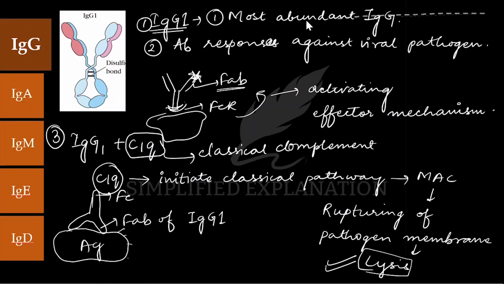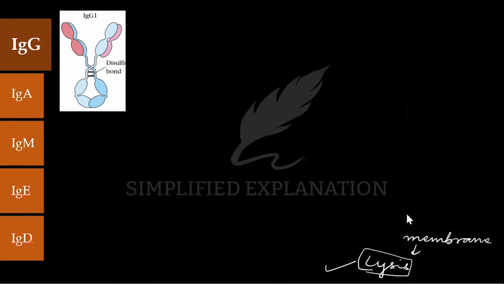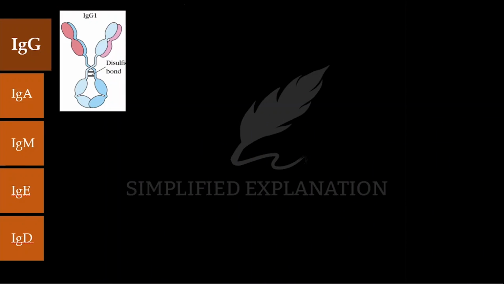Now let me raise this portion so that we can have greater area. So we were at C1q, right? C1q will bind with the Fc portion of IgG1, and further it will activate the classical pathway.